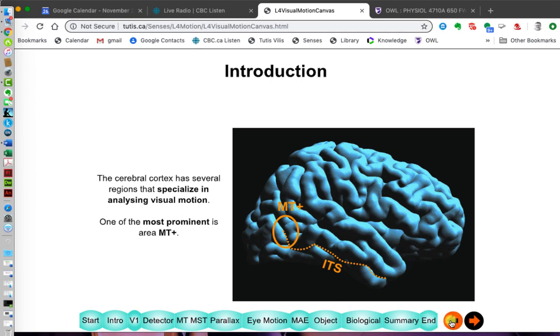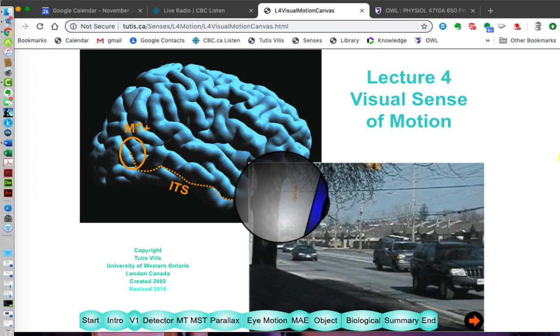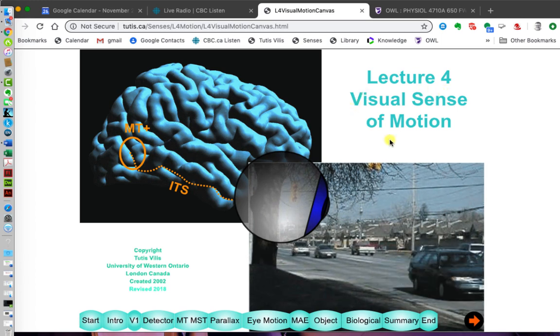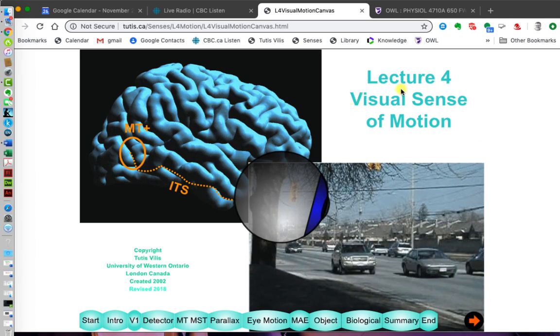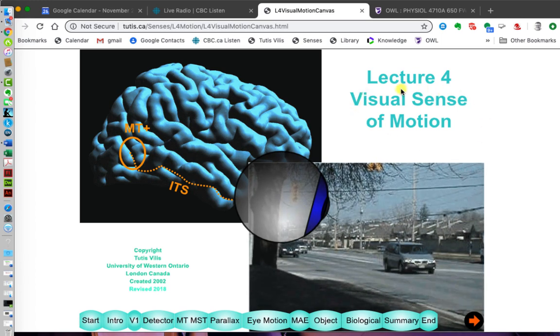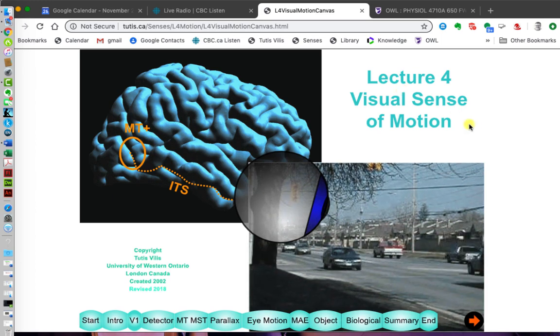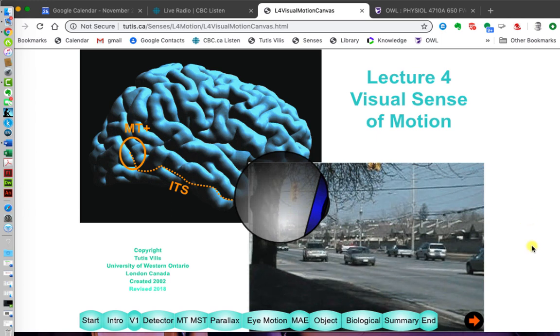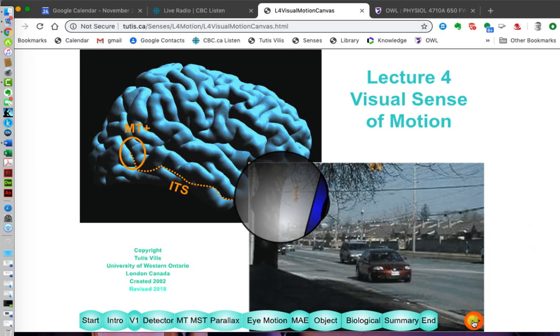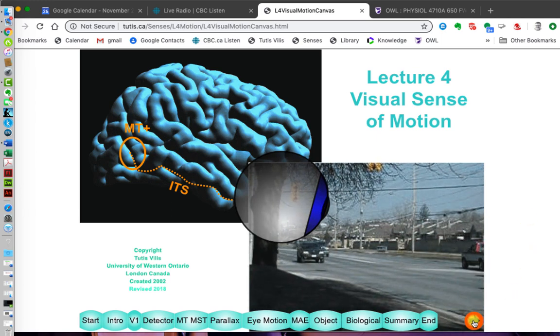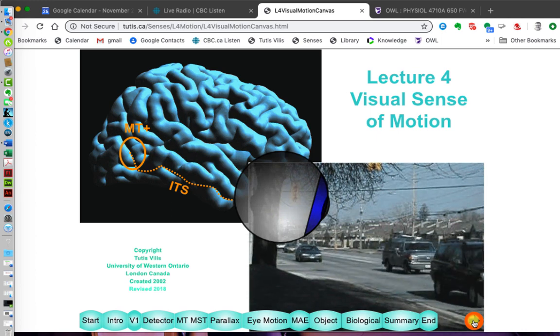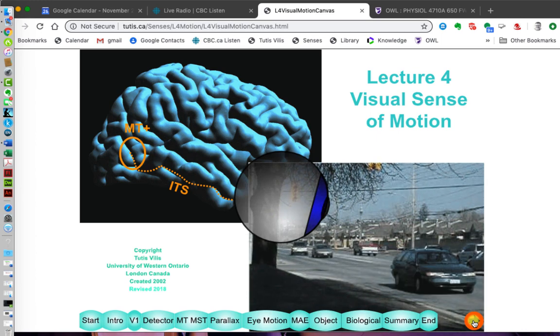So today we're going to study the visual sense of motion. It's what kind of information gives the eye the power to detect that things are moving.